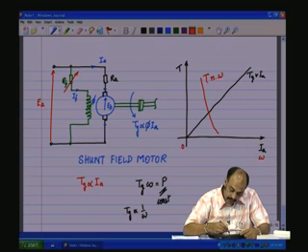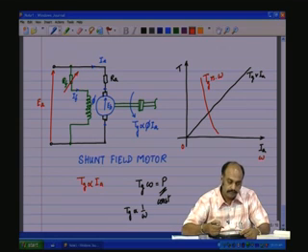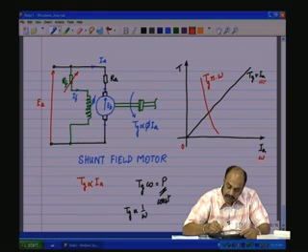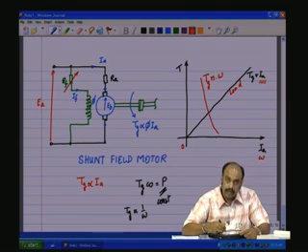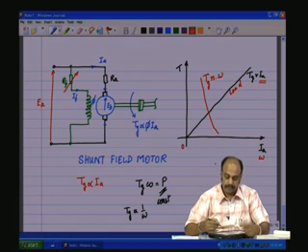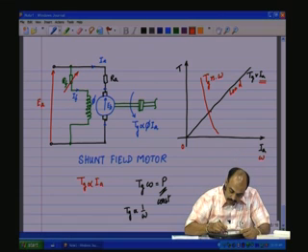So, this is Tg generated, and let us say this is the Tg value which is load dependent, and therefore, we will say this is the load line. This is the generated torque by virtue of its rotation, and therefore, this is the operating point.